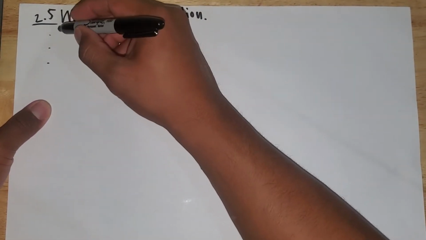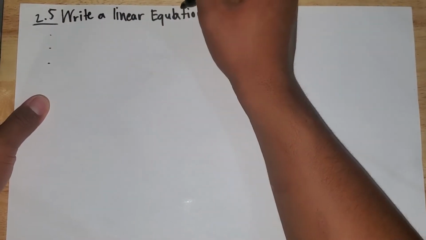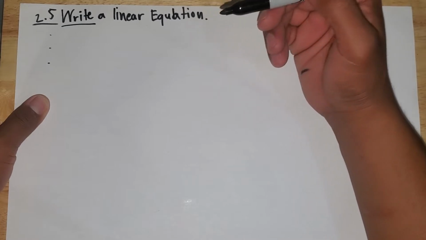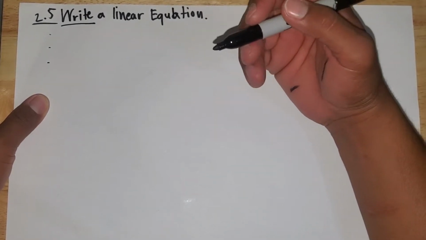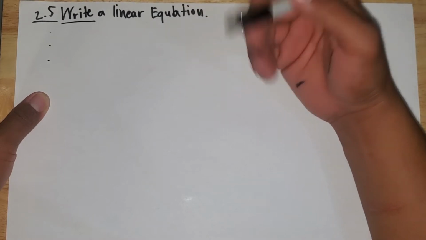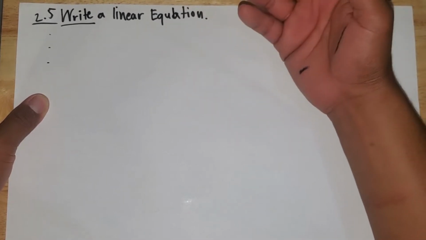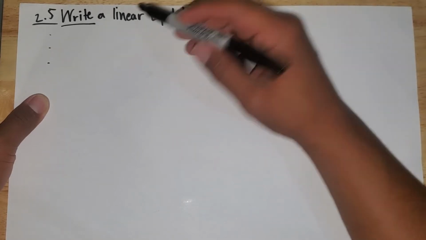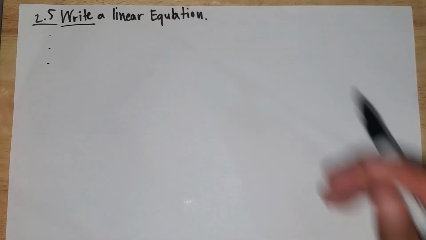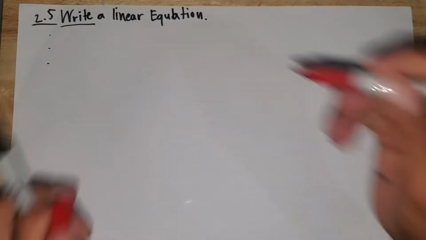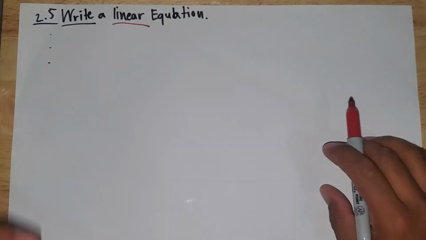In all these situations, they ask you to write, or they might ask you to describe, they might ask you to find, they might say, what is the linear equation? Write the linear equation, find the linear equation, describe the linear equation. It's all about looking at a linear equation.